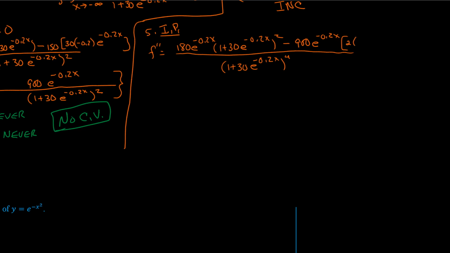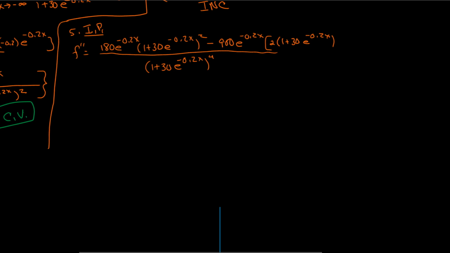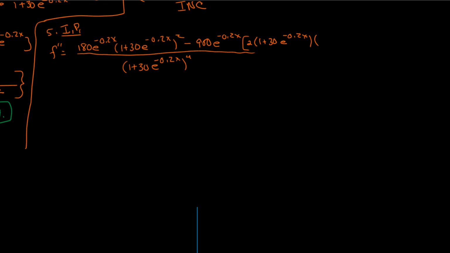We have 2 times this 1 plus 30 e to the negative 0.2x, and it'll be to the 1st power times the derivative of the inside. Well, the derivative of the inside, the derivative of 1 is 0. I'm going to have this 0.2 times 30, which is going to give me a negative 6 e to the negative 0.2x, like that.